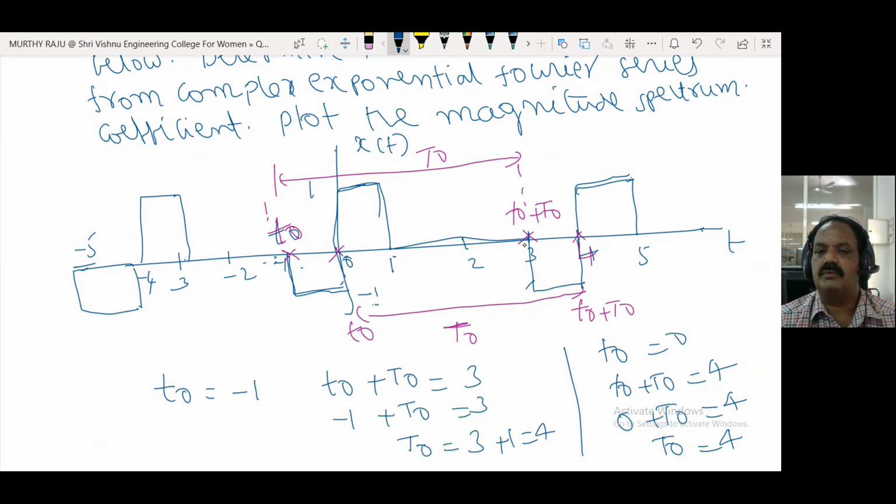For 1 to 3, the remaining interval, the value is 0. Considering from this point to this point, -1 to 0 the value is -1, 0 to 1 the value is 1, and the remaining interval 1 to 3, the value is 0.